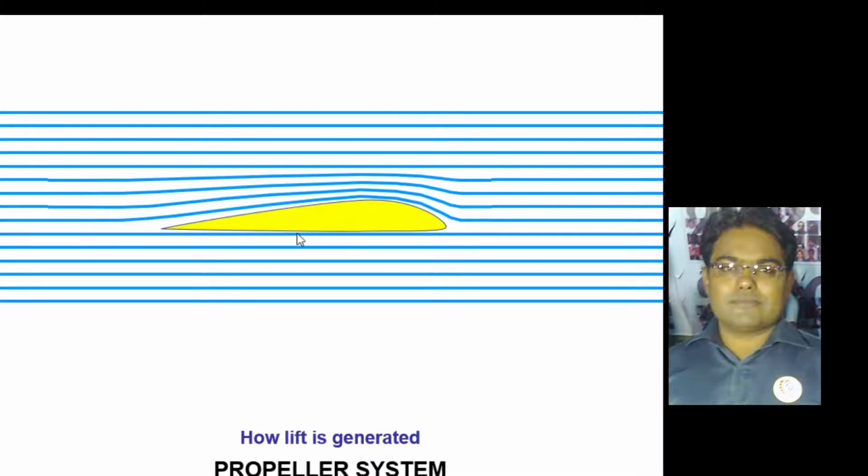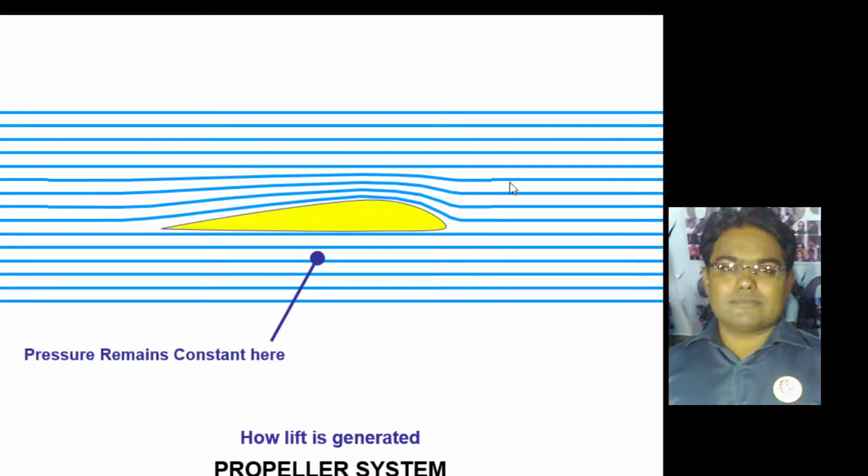If we focus on the bottom surface, your streamlines are almost parallel, so there is less obstruction, which means this is the region where pressure remains almost constant. If we look at the top surface, your streamlines are squeezed.